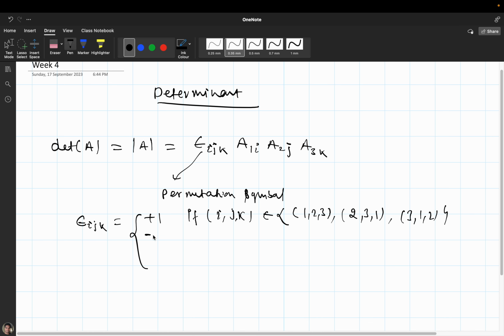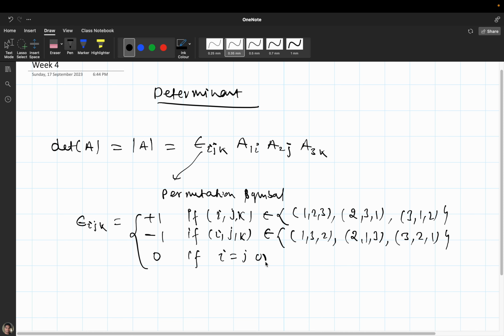Okay, and its value is -1 if i, j and k belong to 1, 3, 2, 2, 1, 3 and 3, 2, 1, and its value is 0 if i equals j or j equals k or i equals k.